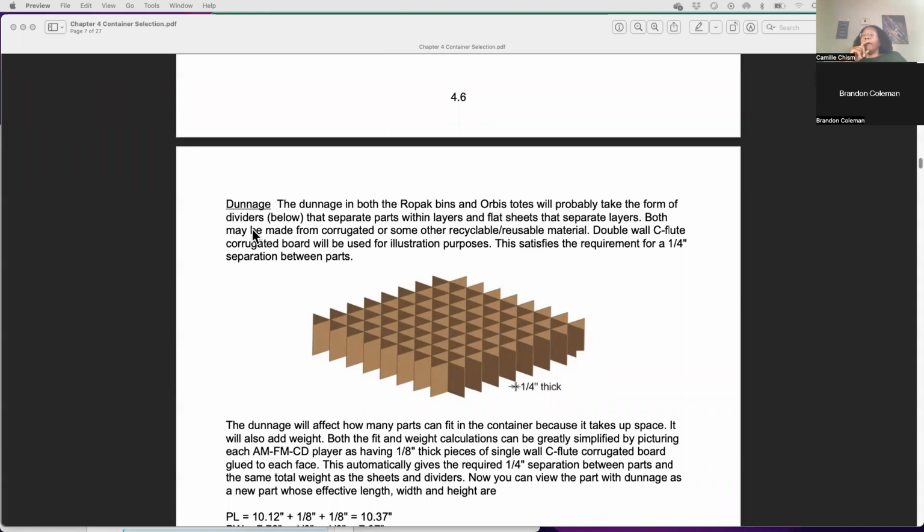So you'll have something like this divider. It can be corrugated. Most of the time you're going to see corrugated, probably because these parts are so big and it's cheaper to do it. Sometimes the parts are heavier. You'll sometimes see cardboard, like paper board, but most of the time this is going to be corrugated.